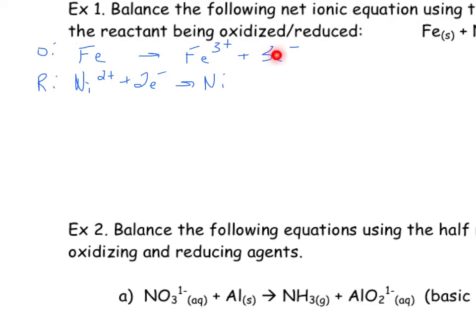Notice that the electrons produced in my oxidation and the reduction are not the same amount. I have the lowest common multiple of 6. To get 6 electrons, I need to rewrite my oxidation reaction and times it by 2. And my reduction reaction times by 3.